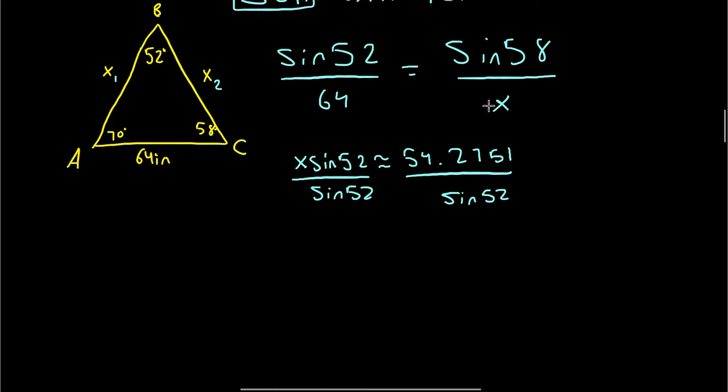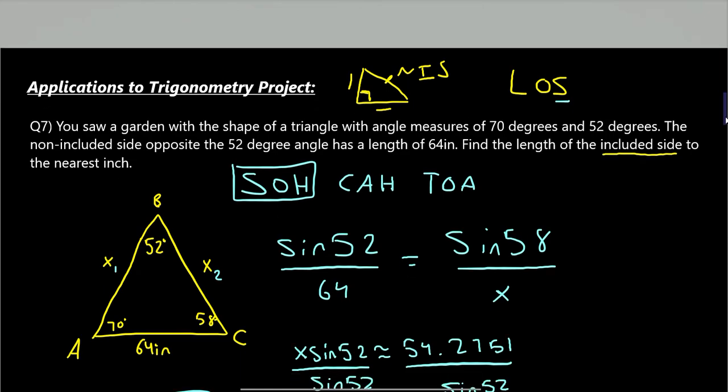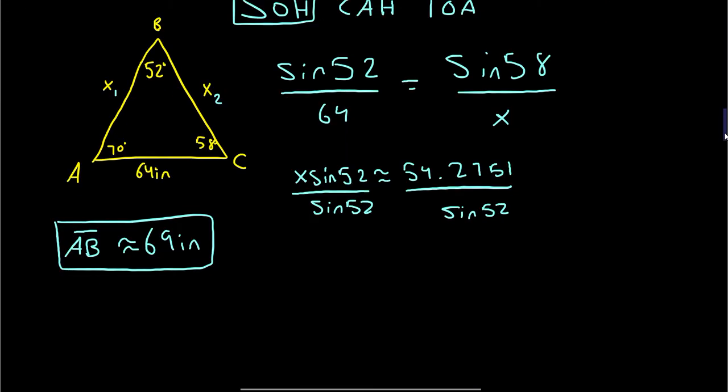Remember that this x variable we're solving for is x1, side AB, opposite to angle C. So instead of x, we could just label it side AB, which is roughly equal to 69 inches. So that's one of our answers. We have 69 because we're asked to find it to the nearest inch.